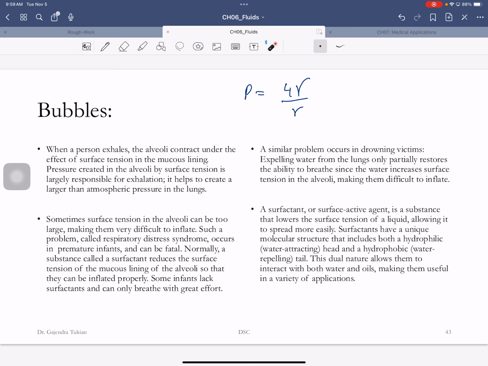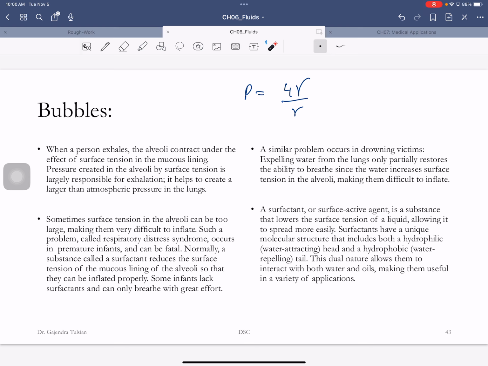Such a problem, called respiratory distress syndrome, occurs in premature infants and can be fatal. Normally, a substance called a surfactant reduces the surface tension of the mucus lining of the alveoli so that they can be inflated properly. Some infants lack surfactants. Essentially the surface tension is the surface tension of water and they can only breathe with great effort.